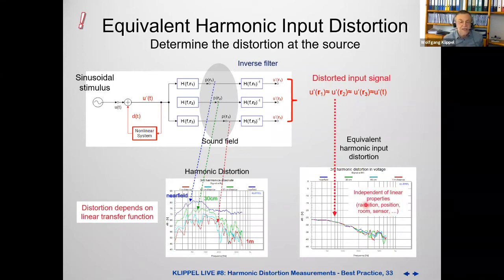And all that is independent of the radiation, independent of the position, independent of the sensor. You could use a laser sensor, a microphone, an expensive microphone, an inexpensive microphone. If the microphone generates no harmonics, and usually it does not if you are far away and the sound pressure is low, then you always get the same curves.